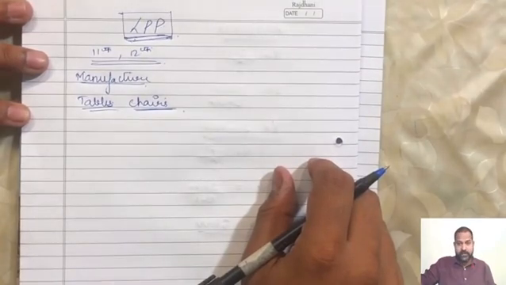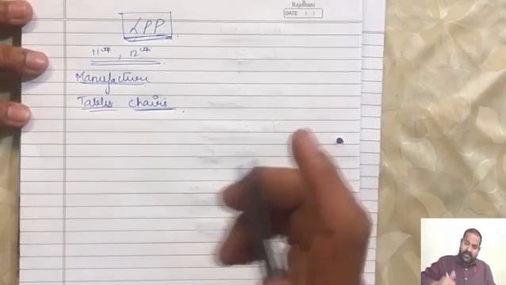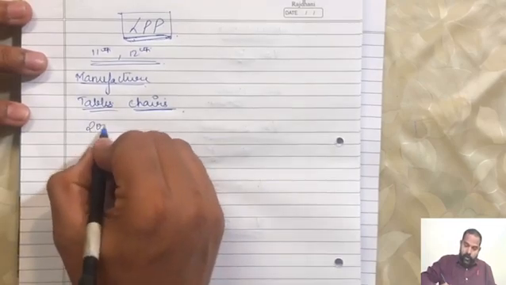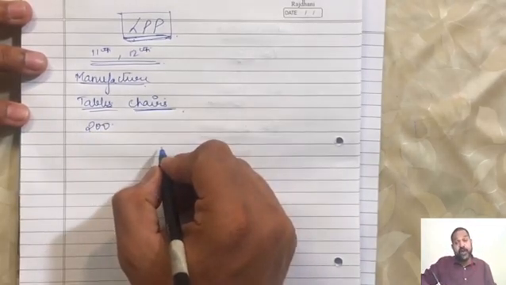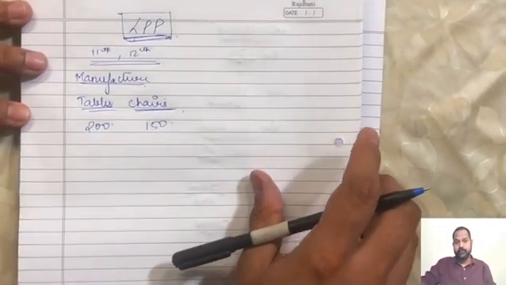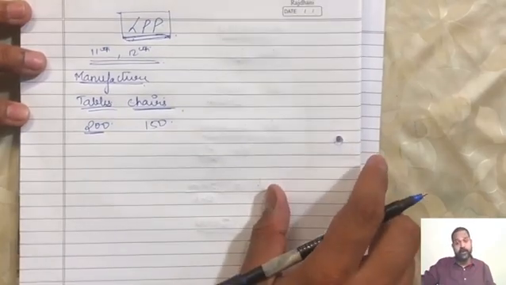The question now is, how many tables and how many chairs should you produce? Let's say every table gives you a profit of 200 rupees and every chair you make gives you a profit of 150 rupees. Do you notice the profit is more from tables?